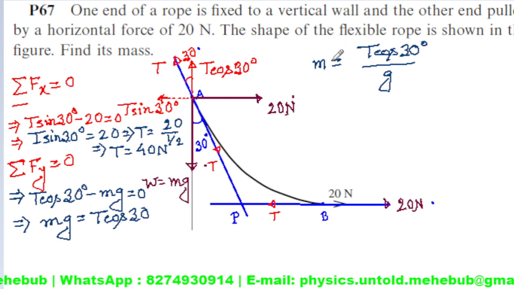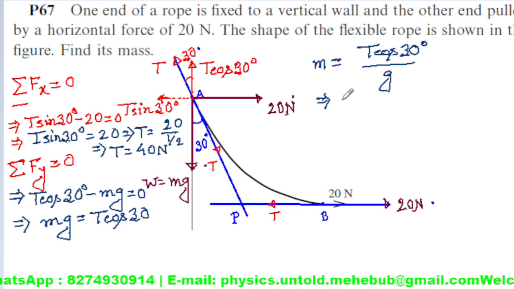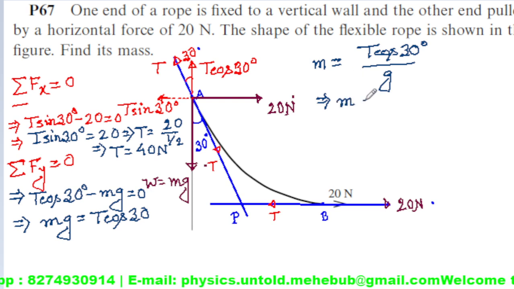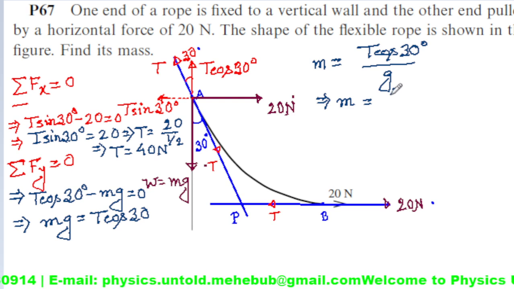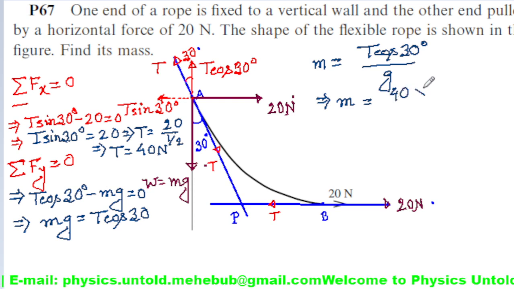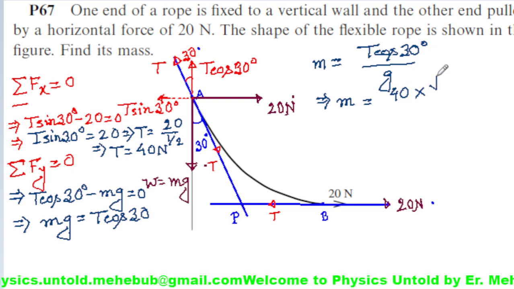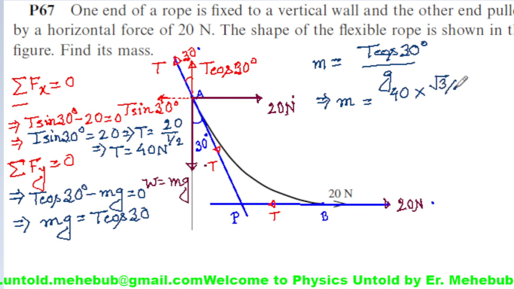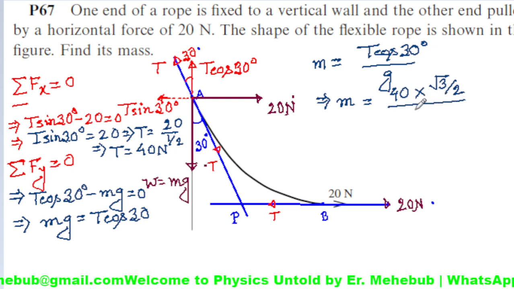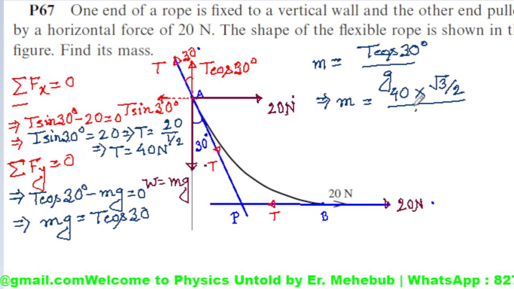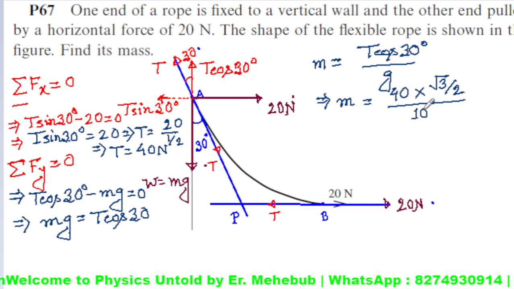Now if we substitute all the quantities on the right hand side of this equation, the mass should be equal to T, where the value of T is 40 Newton, multiplied by cos 30 degrees, which is root 3 divided by 2, divided by g, where the value of g can be taken as 10 or 9.8.